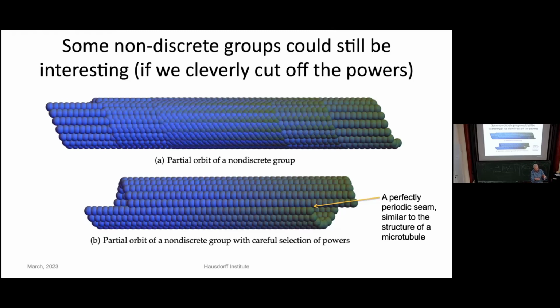Her work is very interesting. Her work is equivalent to doing exactly what I've just described. She has some generators, or you can find some generators from her calculations, and you can just cut the powers in a very clever way, and you can get some interesting structures that she studies.